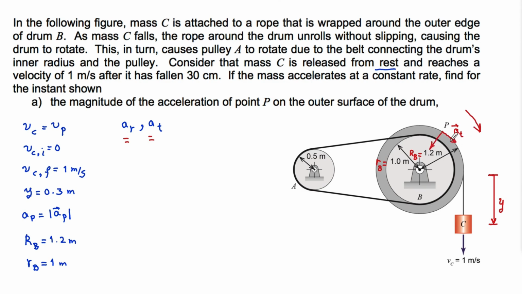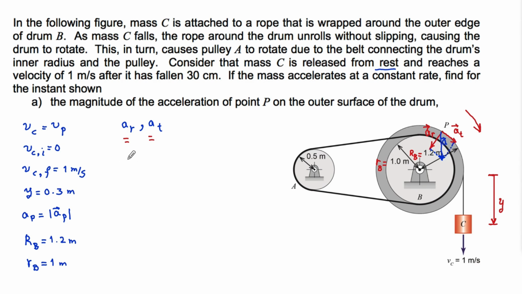The superposition of these two, AT and AR, gives us the vector acceleration of point P, vector A.